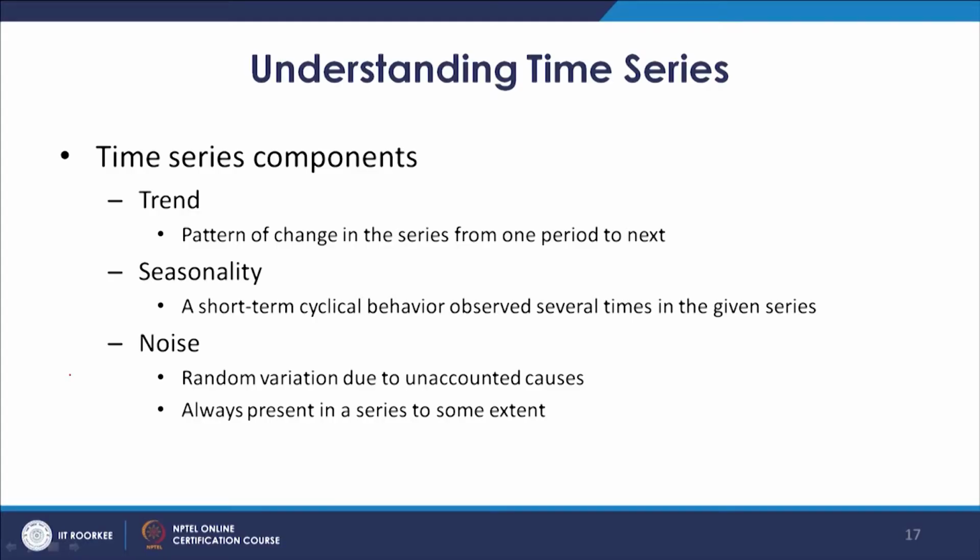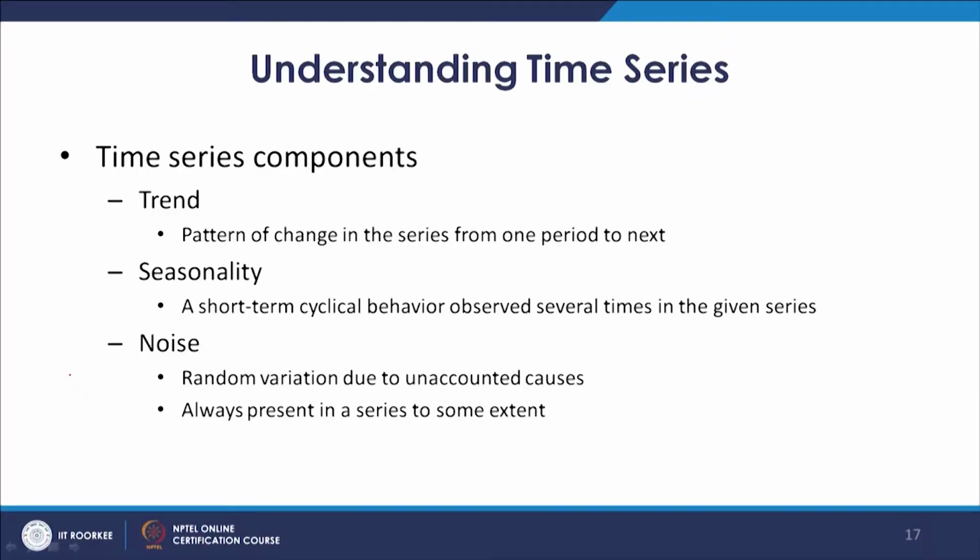So, seasonality is a short term cyclical behavior observed several times in the given series. Trend and seasonality are the 2 most important components of a time series. Whenever we are looking to model a time series for forecasting purposes, it is these 2 components, trend and seasonality, which we specifically focus on. This discussion will happen later in the coming lectures as well.